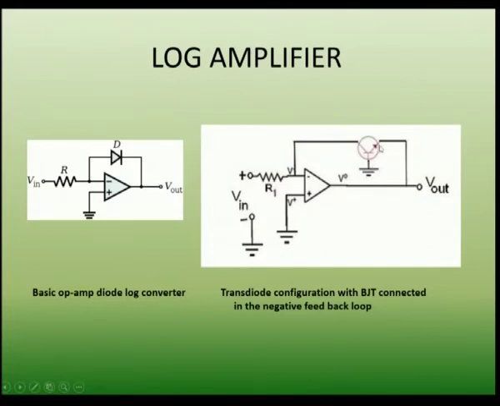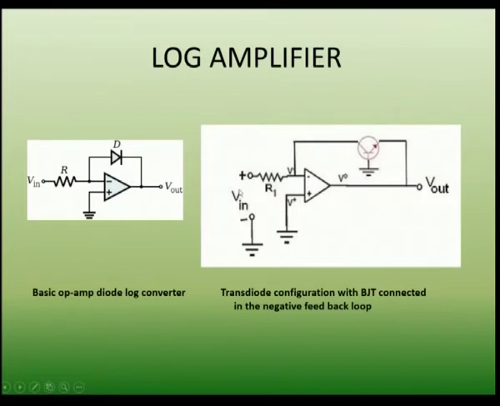Here, if you see the transistor, the base terminal is grounded and the collector terminal is also virtually grounded. So, these two terminals, base and collector, are at the same potential and this transistor is now acting as a diode.